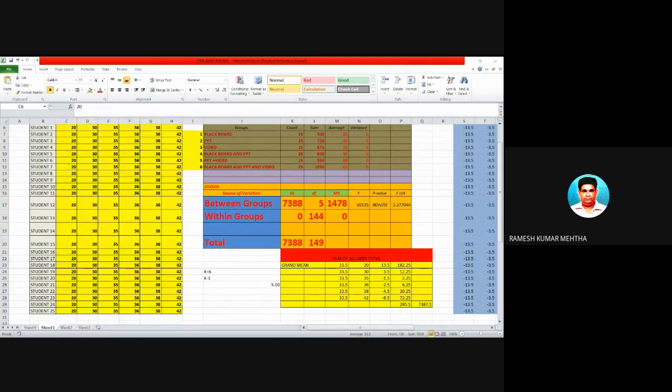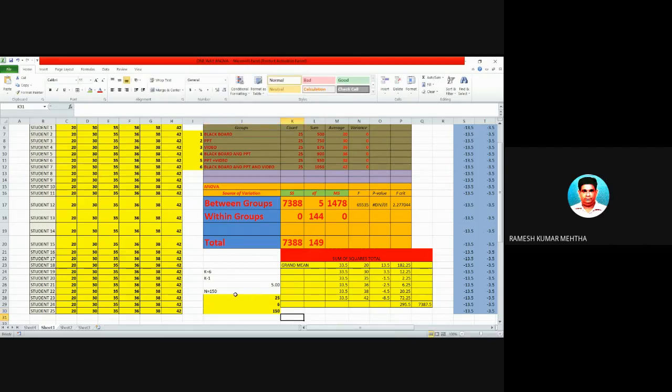Here n is equal to the total number of observations, n is equal to 150, because 25 students were administered the exam, and there were 6 groups. So 150 marks on which ANOVA was conducted.